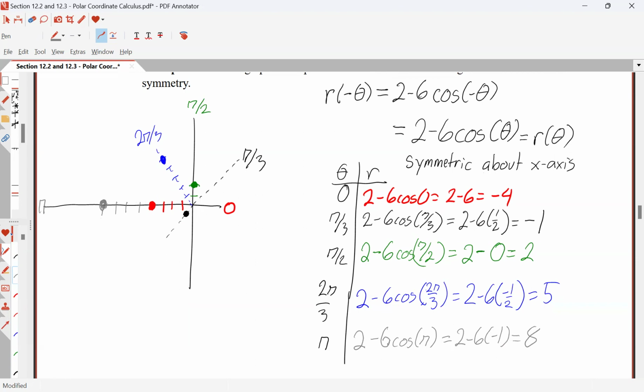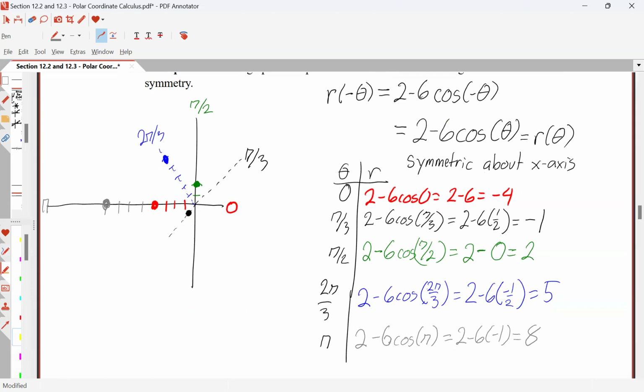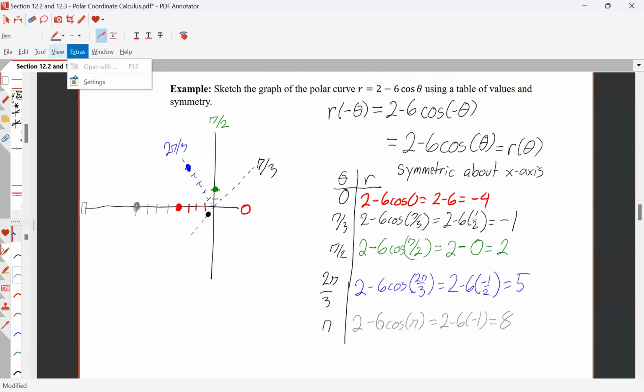How we connect these points is, remember, what is increasing is an angle. So we're going to follow an increasing angle around to get, I'm going to zoom in on our graph.